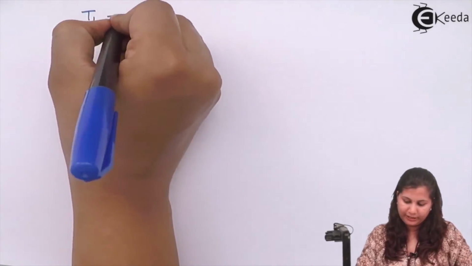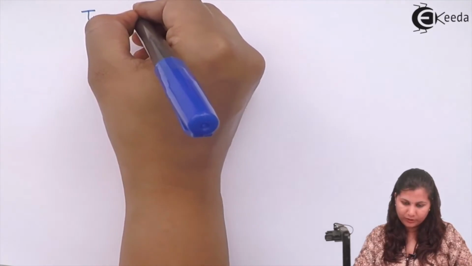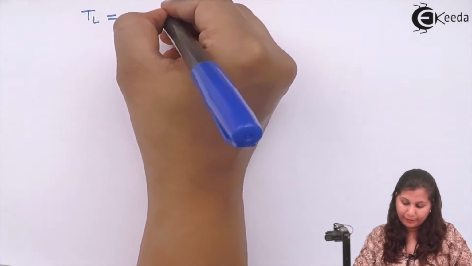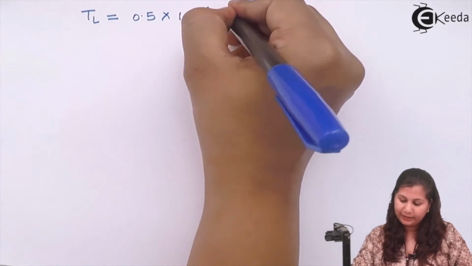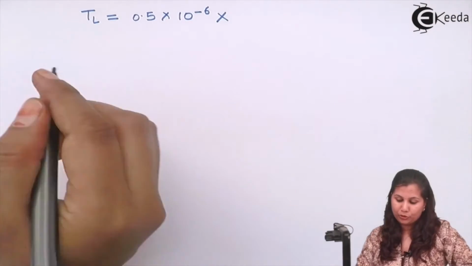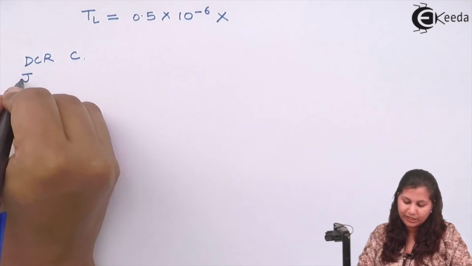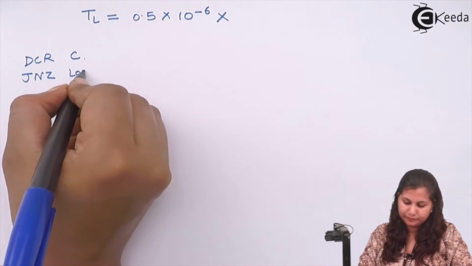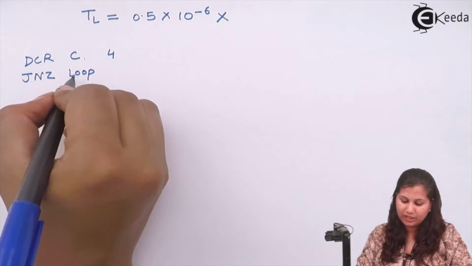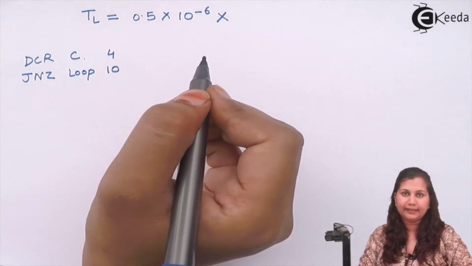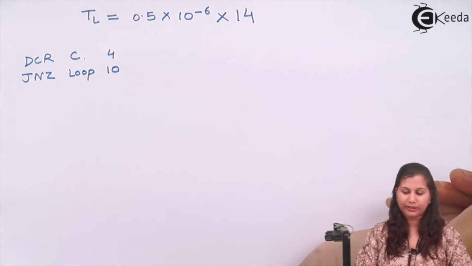Let's put the values in this formula for TL, the loop delay. TL equals the system clock period, which is 0.5 microseconds, so we write 10 raised to the power minus 6. Then the T states. In the loop we have the instructions DCR C and JNZ loop. DCR C was taking 4 T states and JNZ loop was taking 10 T states, so 10 plus 4, total T states are 14.